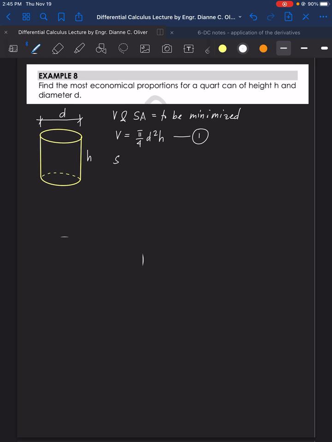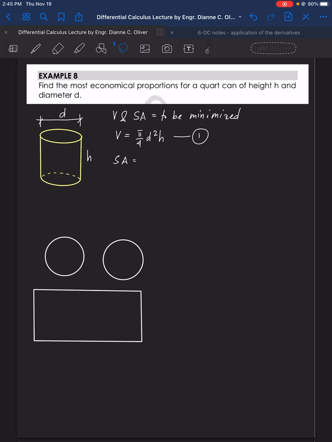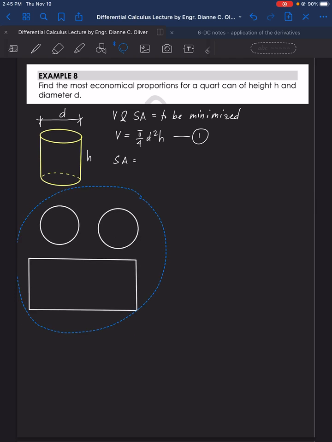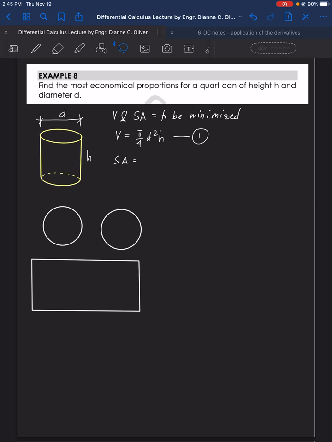Next, surface area. So what is a surface area? It is the area of the shapes that make up the figure. So if we cut that can, we will have two shapes. The first one is a circle, and there are two circles because they represent the top and the bottom base.